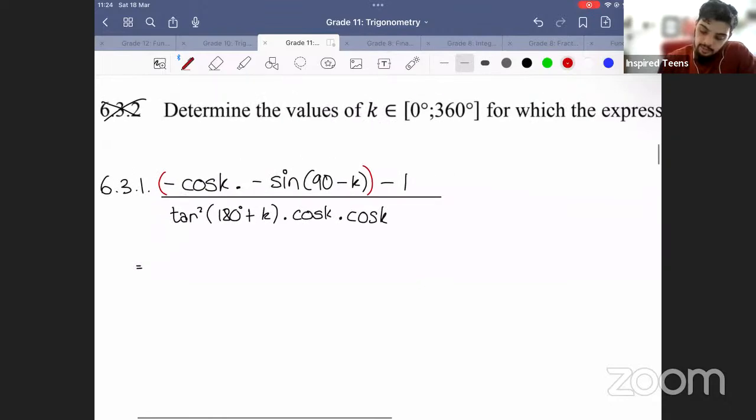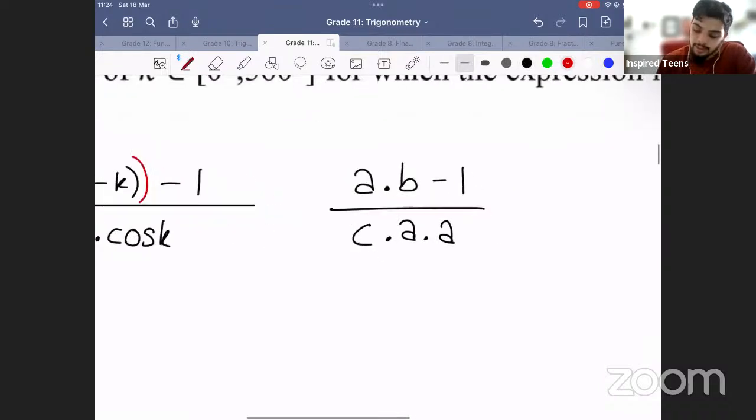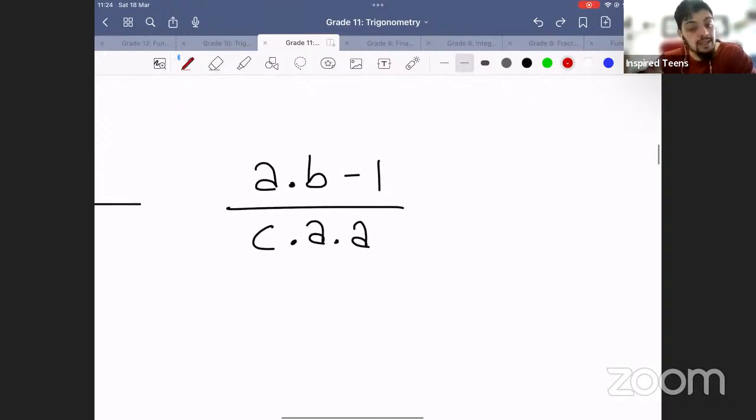Let's simplify this in terms of variables. It's like I have a times b minus 1, divided by, let's say, c times a times a. It might look like I can cancel a and a, but that is incorrect because I'm canceling across a negative sign. That can never happen. It needs to be only multiplication. This is not times negative 1, this is just minus 1.